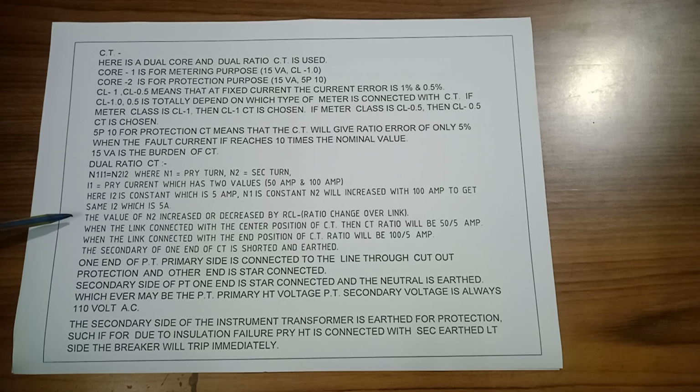The value of N2 is increased or decreased by the RC, ratio change over link. When the link is connected at the center position of the CT, the CT ratio will be 50 by 5 ampere. When the link is connected at the end position of the CT, the ratio will be 100 by 5 ampere. The secondary of one end of the CT is shorted and earthed.